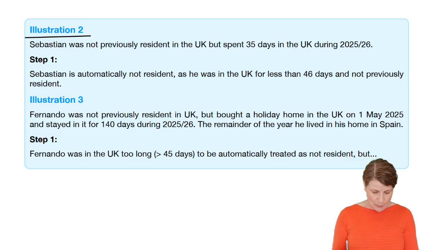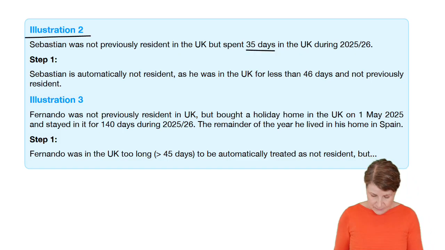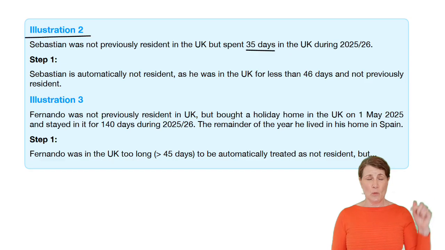So remember that step 1 basically says, if you haven't been resident in the UK for any of the 3 previous tax years, we allow you to spend no more than 45 days in the UK, and you would automatically be overseas resident for that tax year. Now, he spent 35 days, so less than 46, maximum of 45. That means that he passes one of those tests in step 1, and that means that he's automatically overseas resident for 2025-26.